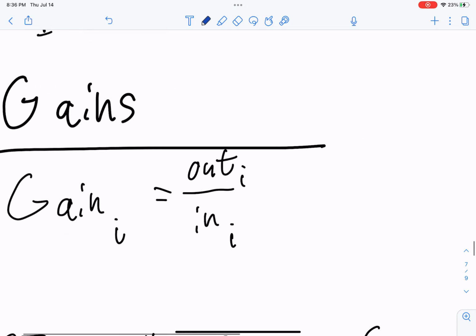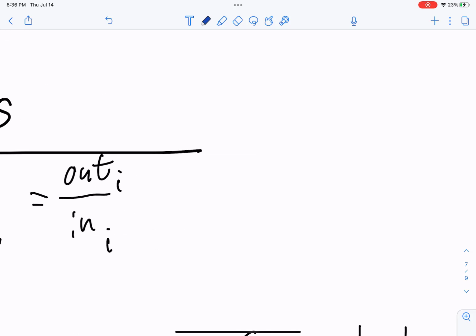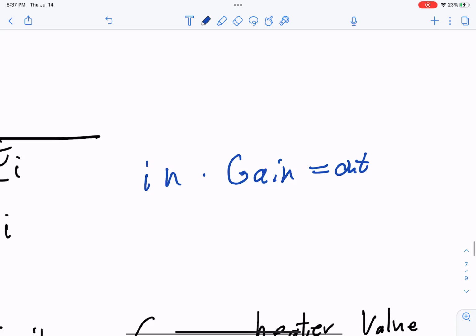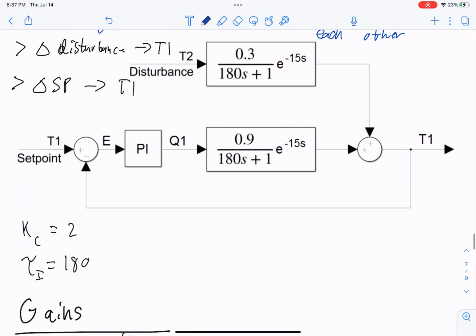The gain is equal to out over in. Another way to think about it is whatever in times gain is equal to out. And so, for example, the gain of the PI controller will help us convert from the error to the heater setting, and vice versa.